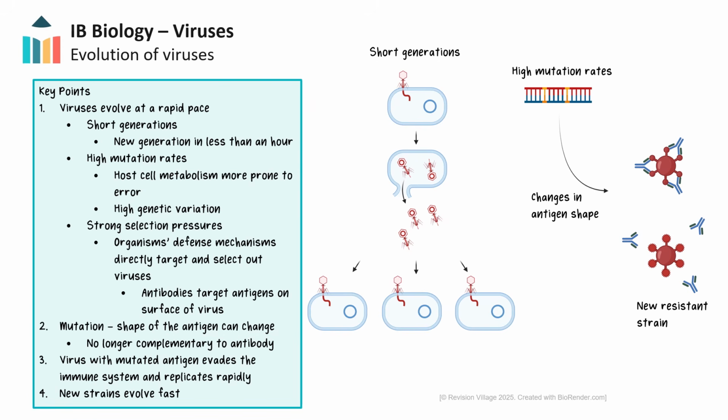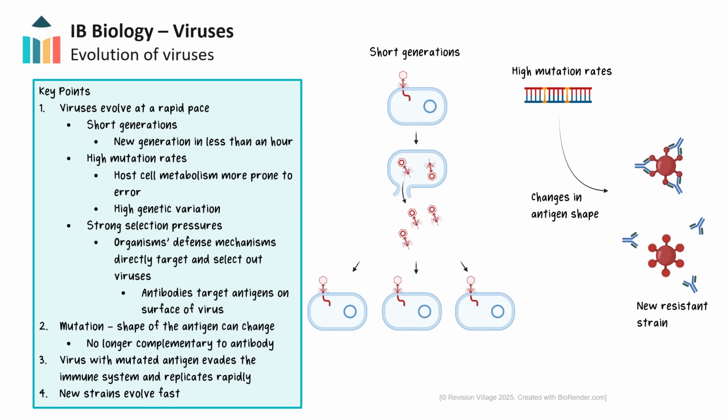The selection pressures that drive evolution through natural selection are often quite high, as organisms have defense mechanisms that directly target and select out viruses that are weak to their defenses. Antibodies in the immune system can directly target antigen proteins present on the surface of the virus. If there is a mutation, the shape of the antigen's protein can change, and it's no longer complementary to the antibody.